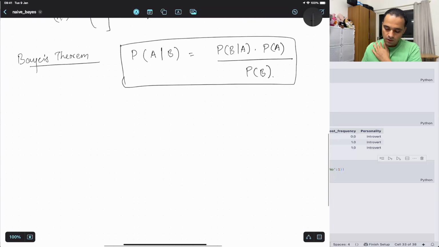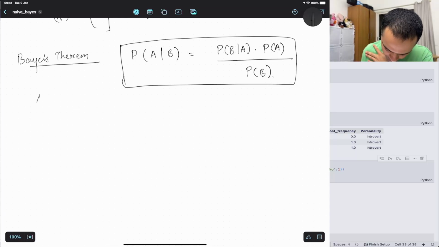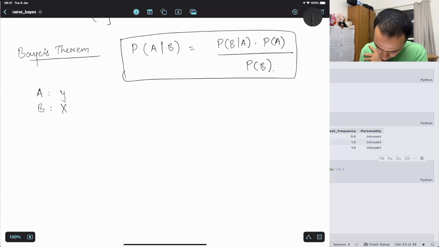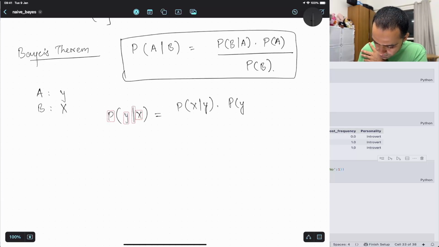So let's say that A is Y and B is X. What we want to evaluate is the probability of Y given X, which can be calculated as the probability of X given Y times the probability of Y, divided by the probability of X.